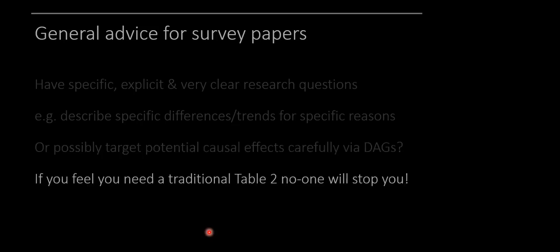Okay, I'm not sure what the term would be, but ultimately, if you feel the need to do a traditional Table 2, as I say, no one's going to stop you.